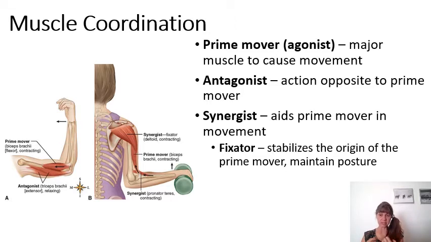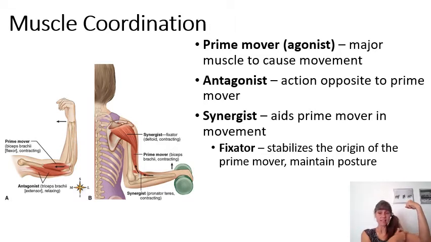The muscle that's responsible for causing the majority of motion is referred to as the prime mover or agonist. When I flex my elbow, there's a muscle deep to biceps brachii called brachialis. Brachialis only crosses the elbow joint and is known as the prime mover or agonist for elbow flexion.